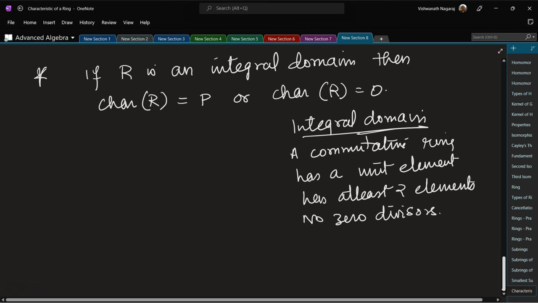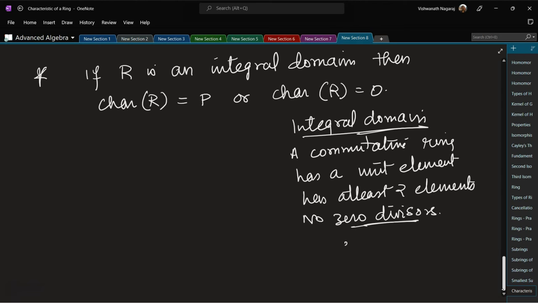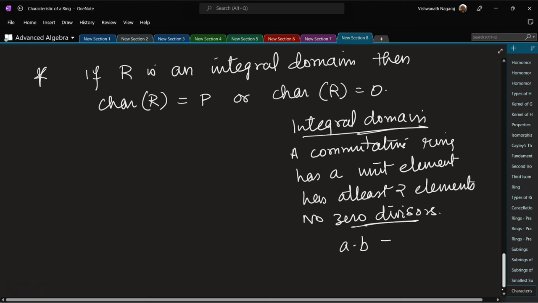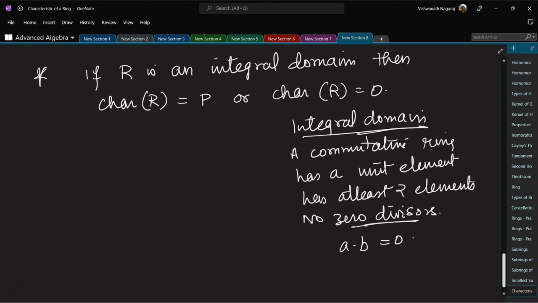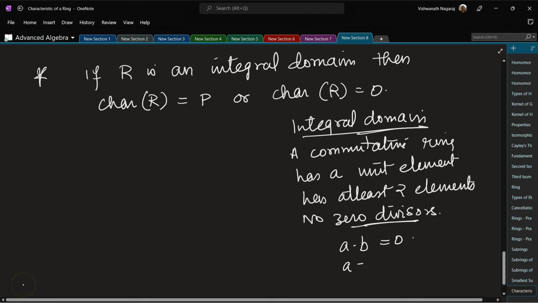No zero divisors means, what a zero divisor is we have already seen, but let me very quickly review it. If we have A times B is equal to 0, no zero divisors means that either A is equal to 0 or B is equal to 0.